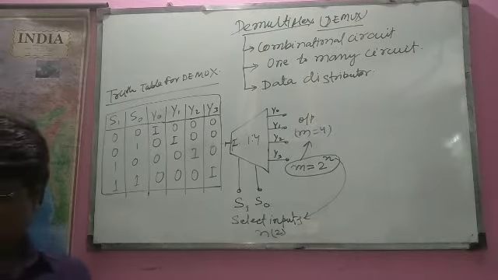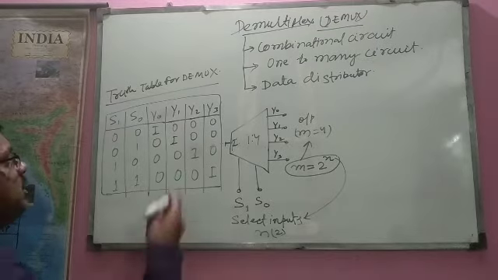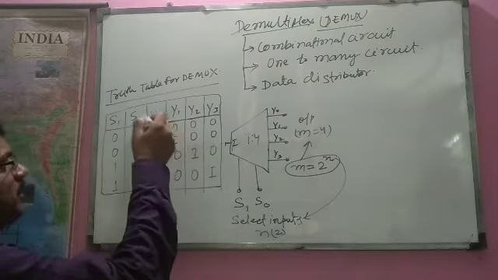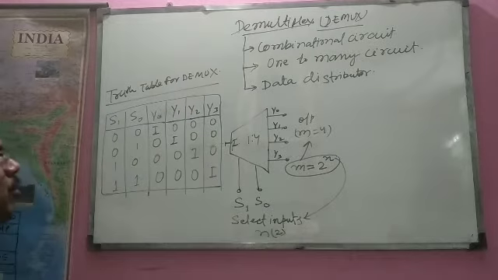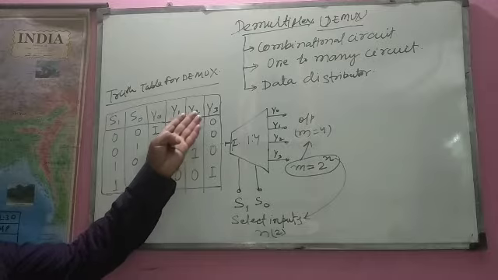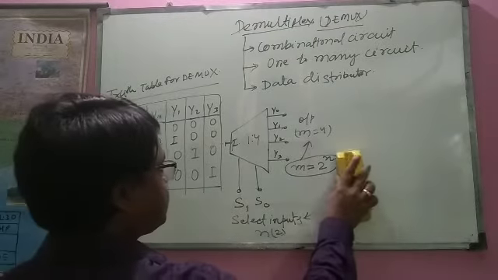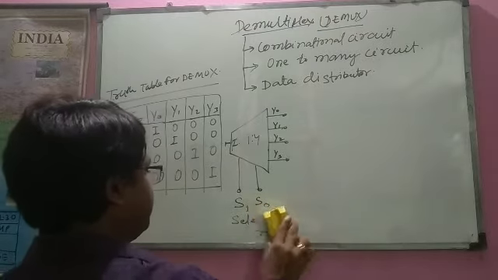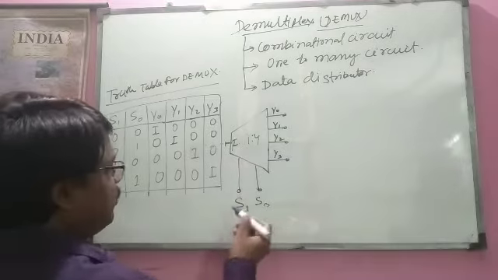So what will be the logical expressions for Y0, Y1, Y2 and Y3 respectively? To get that, see from here. These are the select inputs.